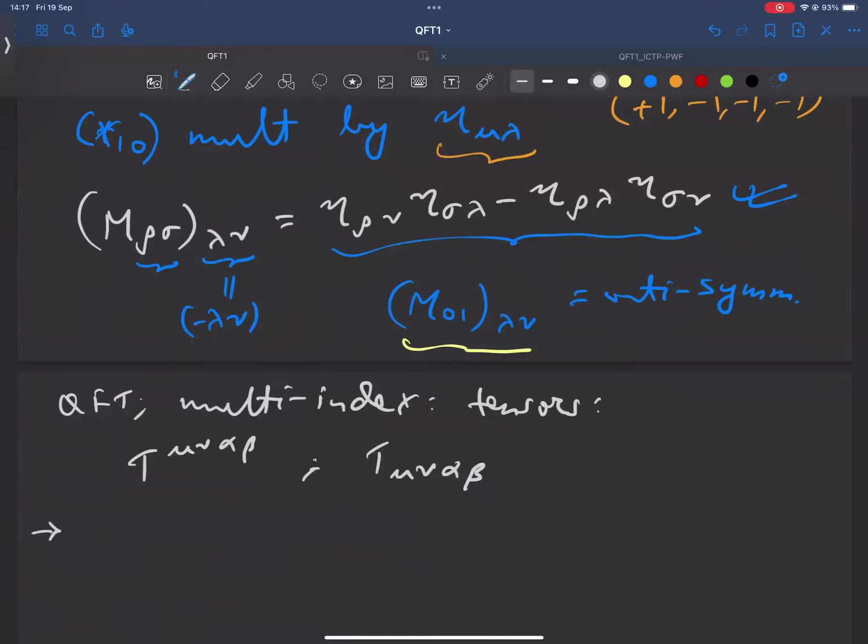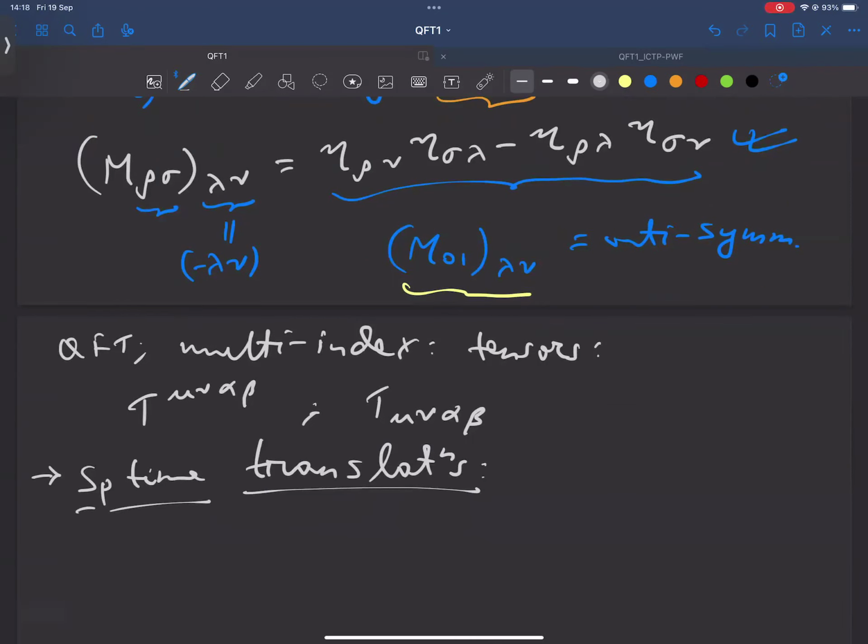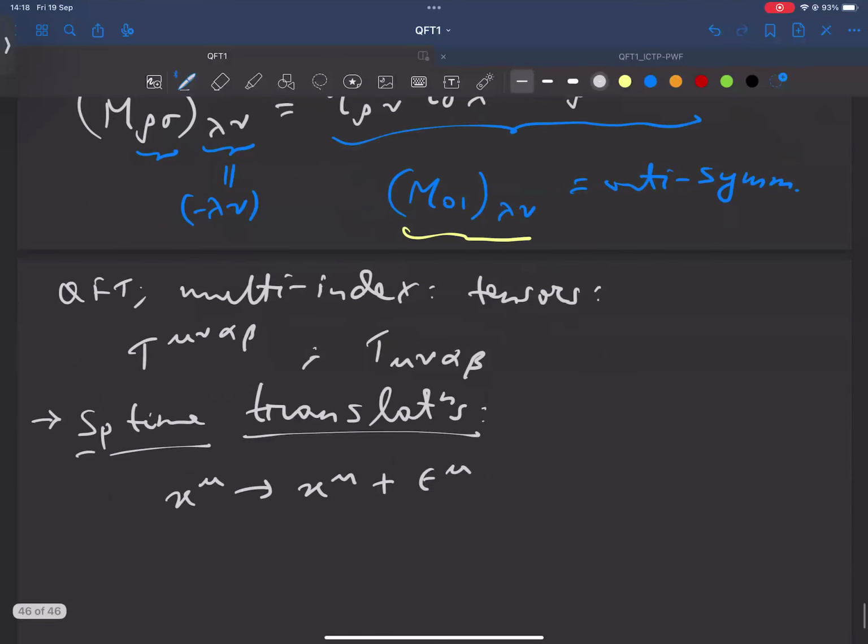So last time we discussed a quantity which was called the stress tensor. Let me go there. Yes. So the quantity we considered was space-time translations, and the translations that we considered were quantities like this, where this epsilon was a constant vector.